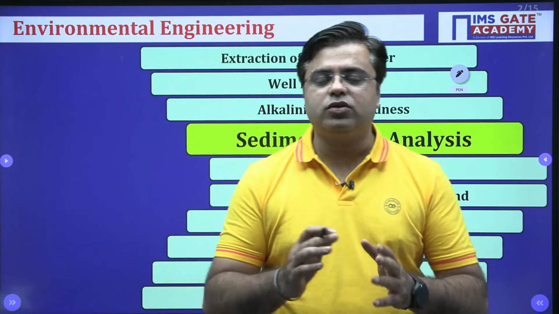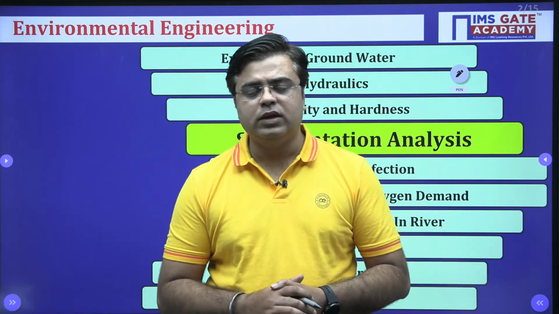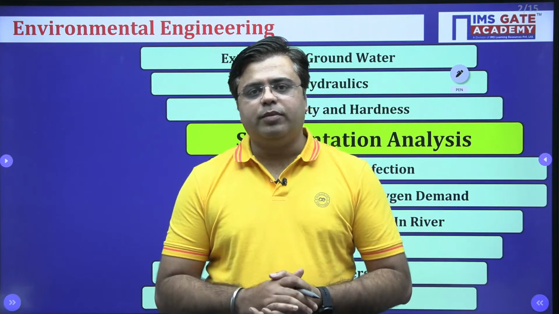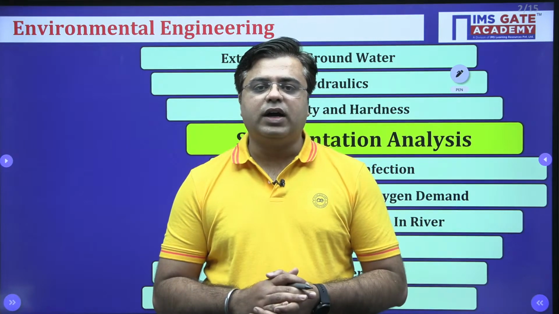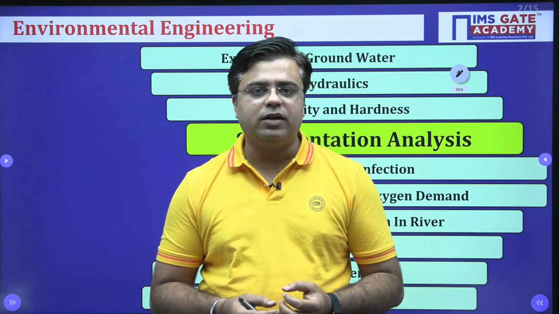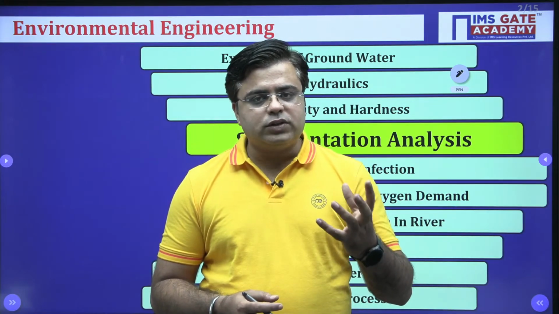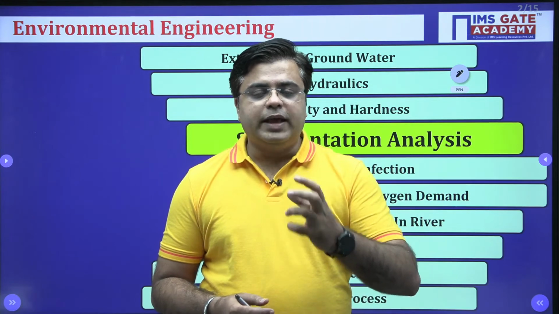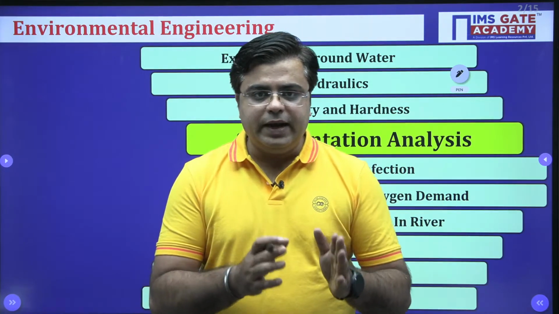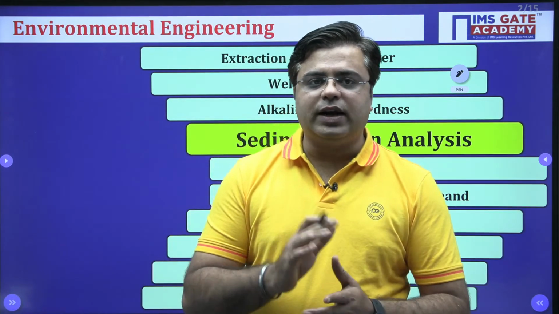Now, my dear student, understand this. In our raw water treatment, we start with water demand by calculating the total water required in the community. Once we know this water requirement, then we decide from which source we can extract this water.